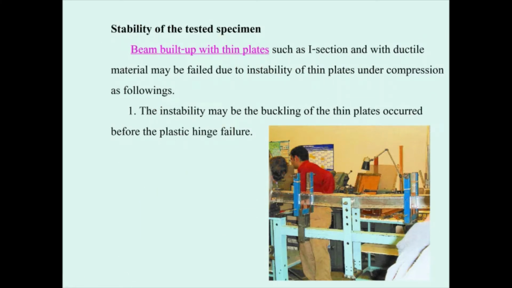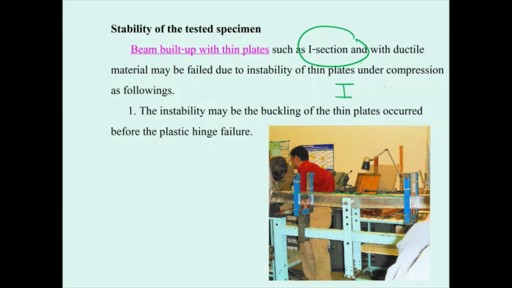Stability. A built-up beam with a thin wall such as the I-beam, when you test it, is going to have some instability problem. You have the web of the wall thin like this.